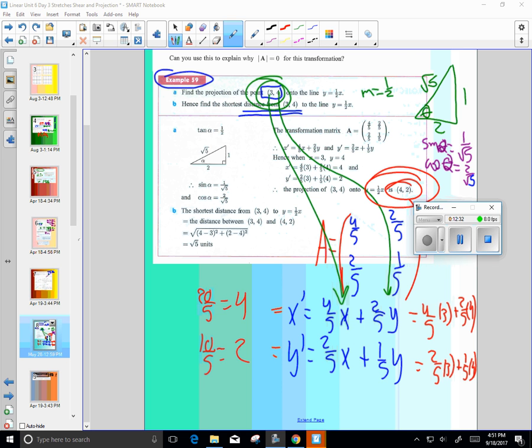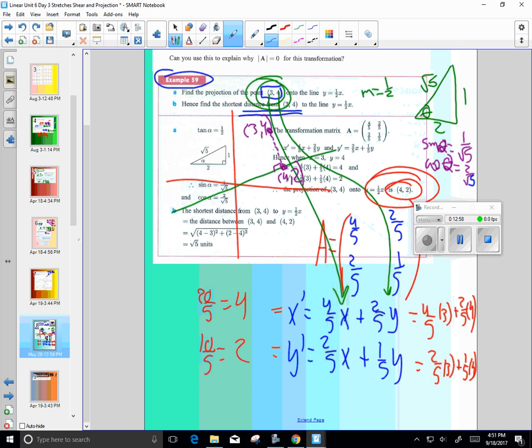If you graph this, here's the line y equals 1/2 x, and here's the point 3, 4, somewhere up here. You are finding the perpendicular to that, and the point where it hits the line is 4, 2. So the last question they ask is, what's the distance between 3, 4 and 4, 2?